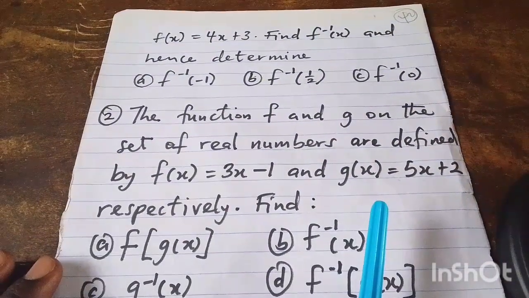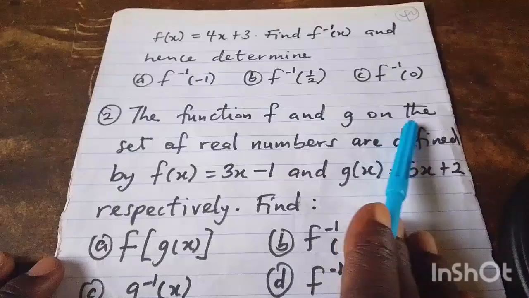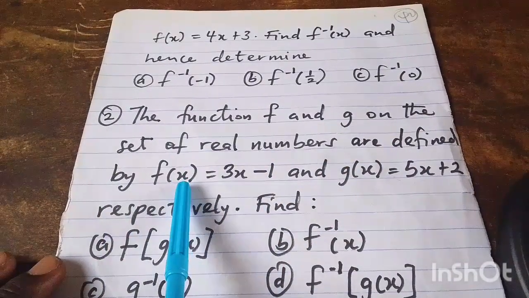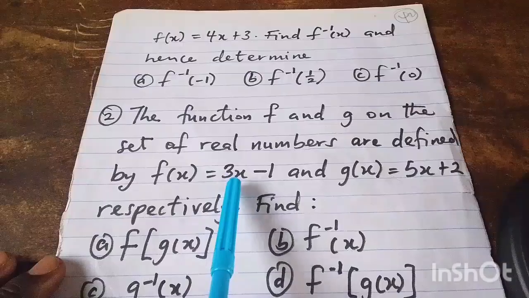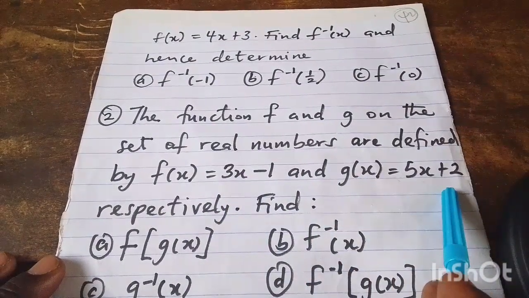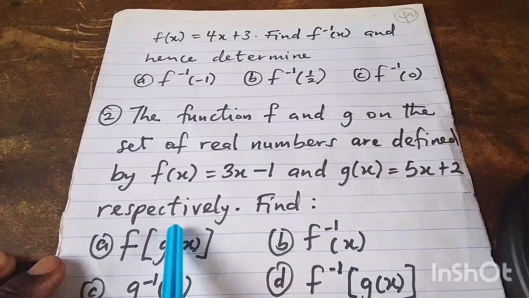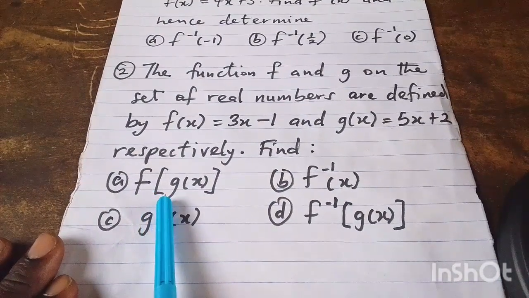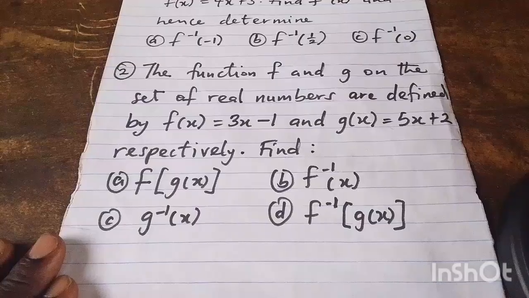Number 2, the functions f and g on the set of real numbers are defined by the mapping of f is 3x minus 1 and that of g is 5x plus 2 respectively. You are told to look for the composite mapping of each of these.